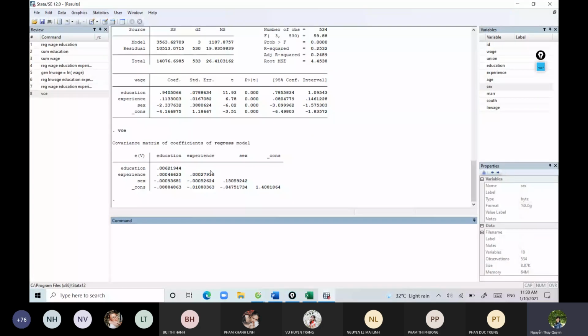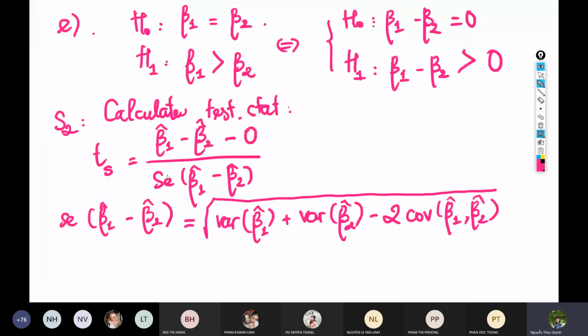We find the covariance between the beta hat of experience and the beta hat of education, which is 0.00046, so we round it to maybe 0.0005. Now calculate the standard error of beta 1 hat minus beta 2 hat.